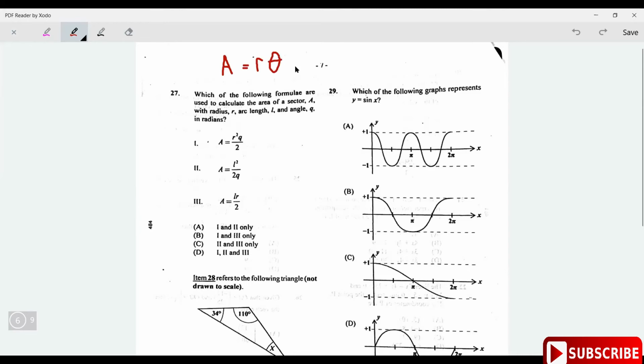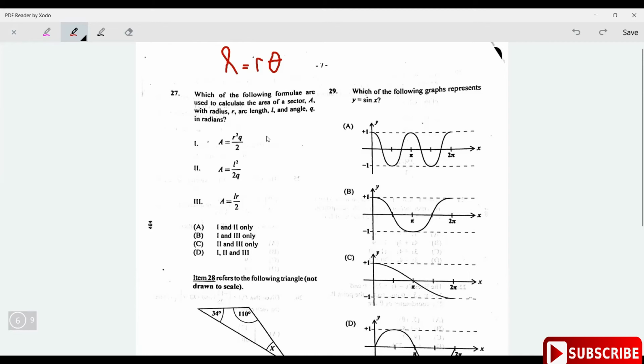So it's r times theta. Wait, my apologies. This is the arc length formula. Arc length formula is r times theta. So L is equal to r times theta.